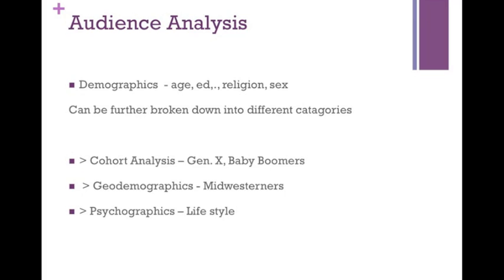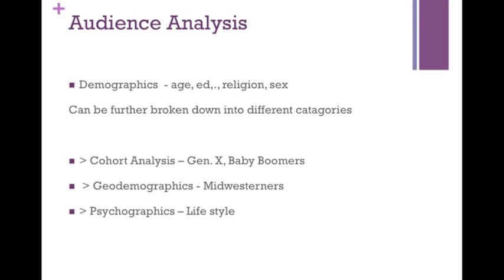So audiences are analyzed by being broken down in groups. Demographics is a broad way to break people down by age, education, religion, if they're male or female, etc. But these demographics can be broken down even further into different categories. Cohort analysis is just people of similar ages.